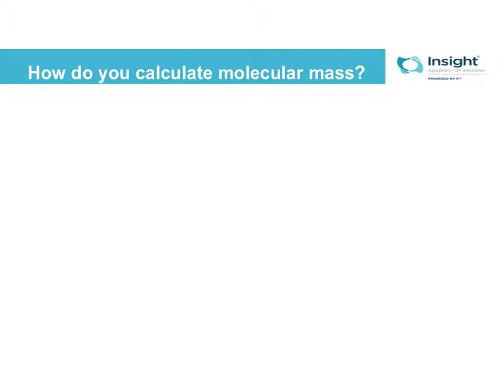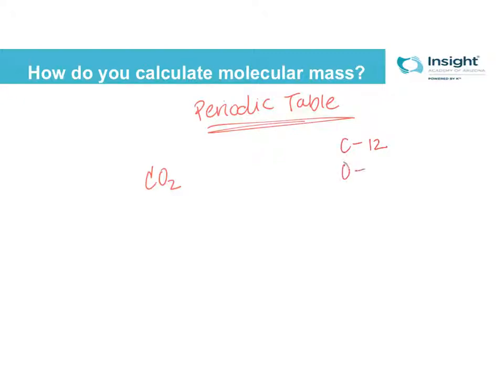Something that we should review is how to calculate a molecular mass. Hopefully you remember how to do this, but what's that handy table-like diagram with a bunch of elements on it that you're going to be using? Have a periodic table handy. Then you work based on the formula of your gas. Say you have carbon dioxide. You go to the periodic table, C has a mass of 12, oxygen has a mass of 16.